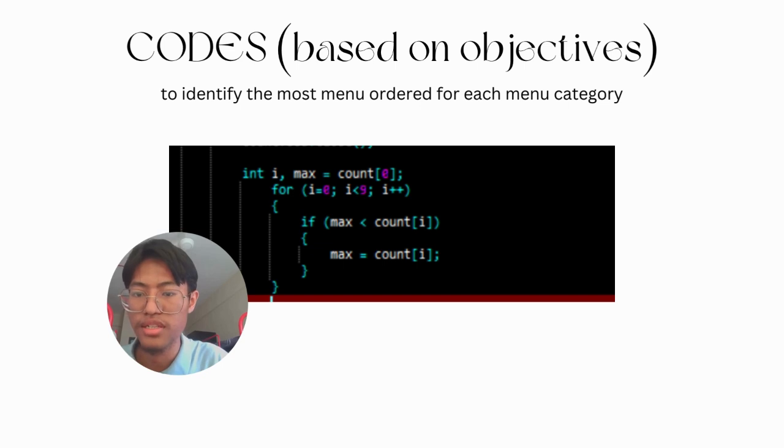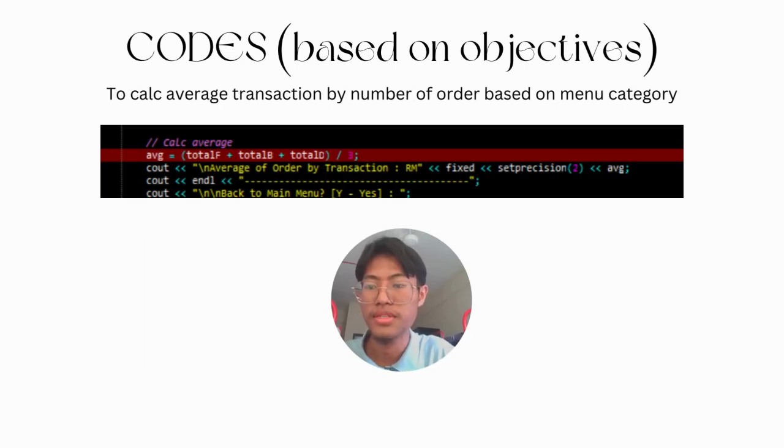Next, to identify the most menu ordered for each menu category, we will use the variable I, max, and count. We will use the repetition for to find the most menu ordered by the customer. So for the last objective, which is to calculate average transaction by number of order based on menu category, we will declare and initialize the AVG, which stands for average.